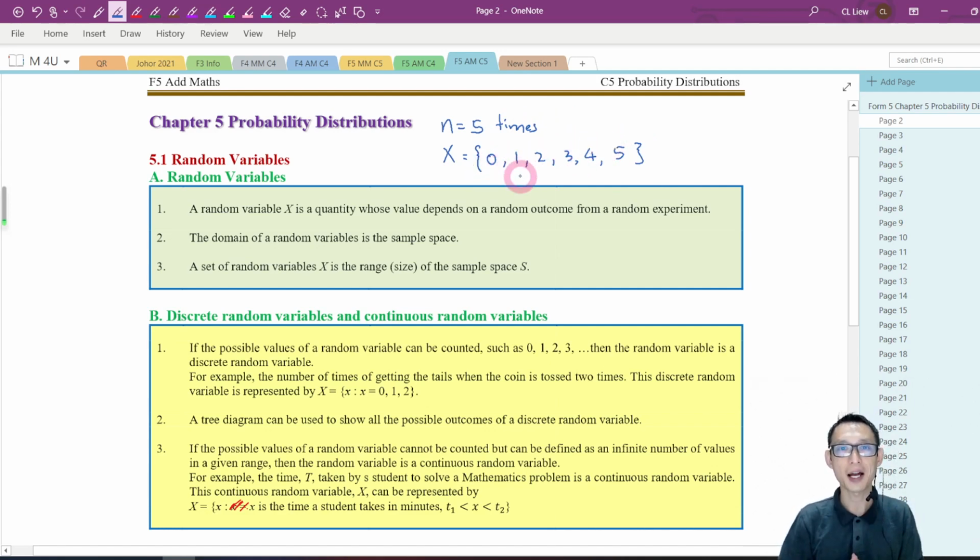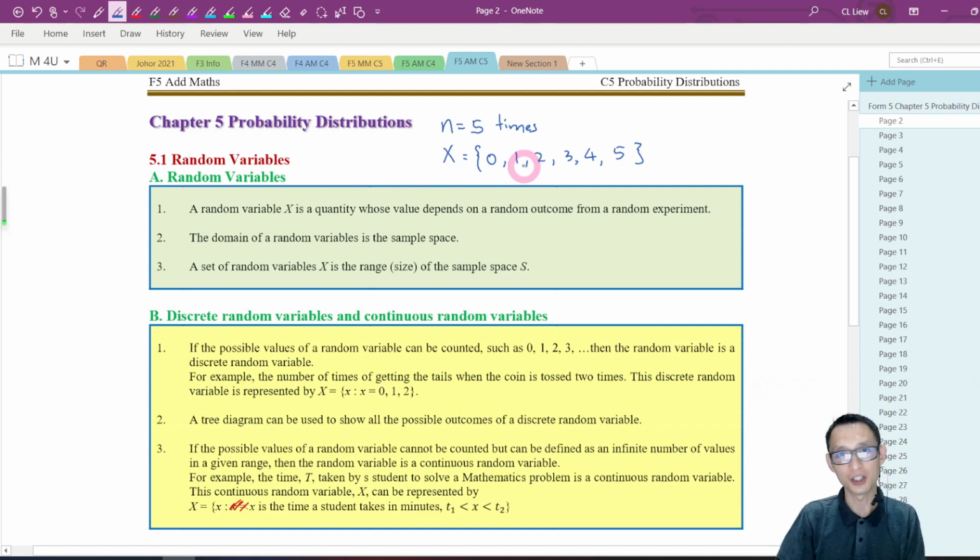So in this type of situation, we call this discrete random variable. It cannot be 1.2 time, it cannot be 1.5 time, 1.52 time like this. It is not possible. So this type of random variable, we call it discrete random variable.